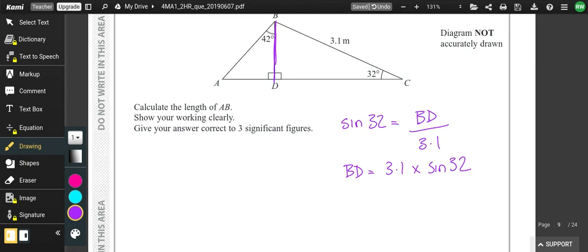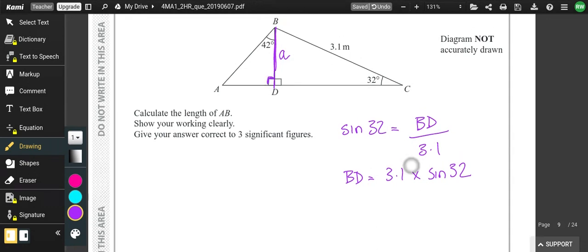And then if we want AB, the new triangle, if 42 is our angle, this is the adjacent because it's adjacent to the angle and the right angle there. And we want to know this, which is the hypotenuse. So we're now going to use cosine because it's A and H. So cos 42 is equal to A, which is BD, which we just worked out, over the hypotenuse.